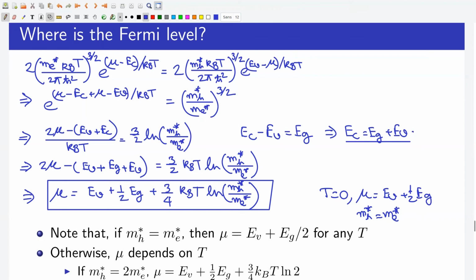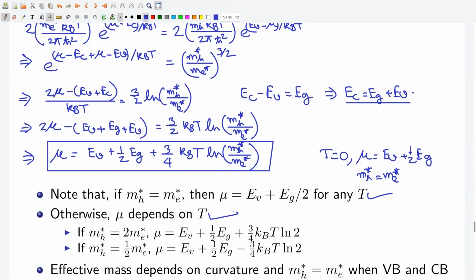Then μ always stays in the middle of the band gap at any temperature. Otherwise, if mh* is not equal to me*, then μ depends on temperature. As a result, μ shifts from the middle of the band gap at finite temperature, as shown here.